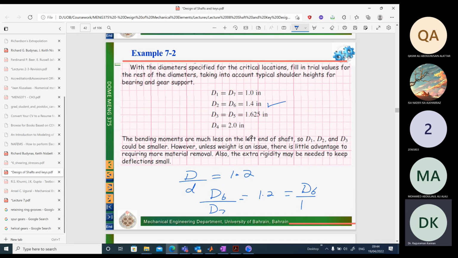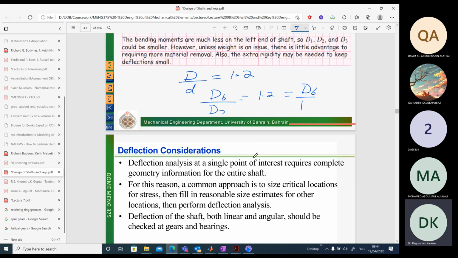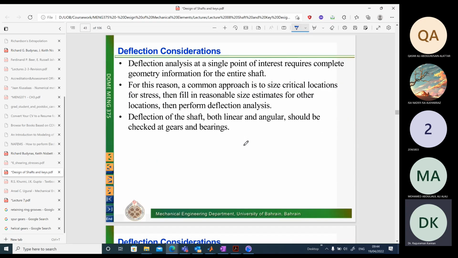Okay, so this is a very long calculation for the different diameters of the shaft. There are additional considerations we must take into account, especially deflection, and also resonance. So these are two things we will look at on Thursday.